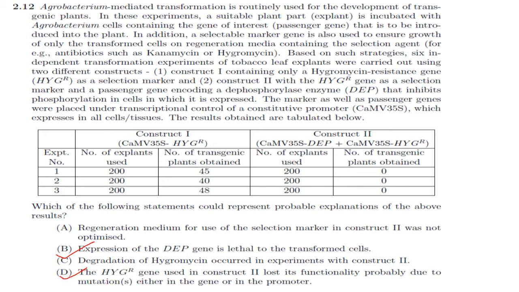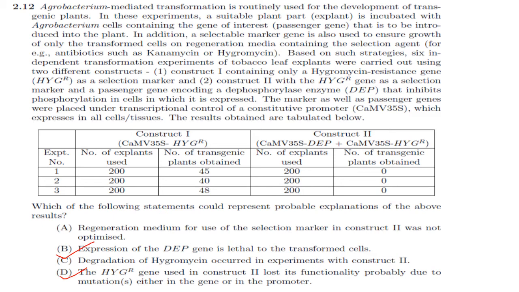Based on such strategies, six dependent transformation experiments of tobacco leaf explants were carried out using 2 different constructs. Construct 1 containing only hygromycin resistance gene as a selection marker, and construct 2 with hygromycin resistance gene as a selection marker and a passenger gene coding dephosphorylase enzyme that inhibits phosphorylation in cells in which it is expressed.